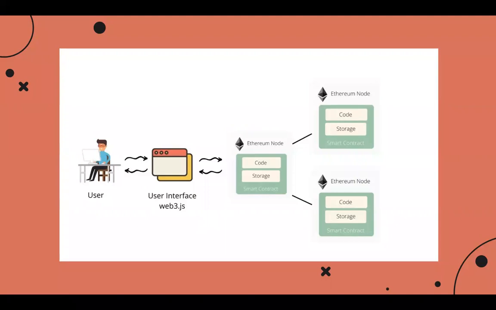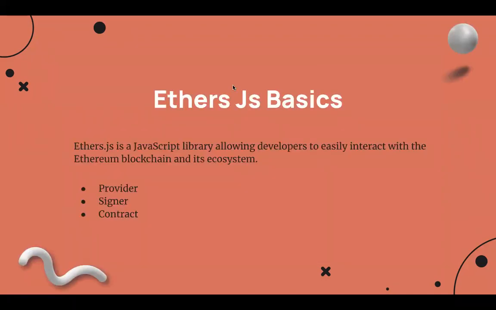I guess Ethers.js is clear, right? You can ask some questions if it's not clear to you, or if it is clear, you can tell me. Shailesh is asking the difference between Solidity and Ethers.js.